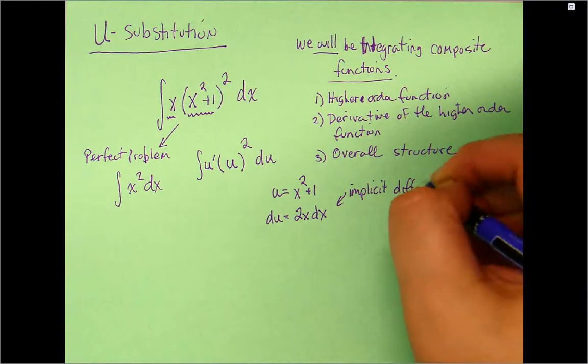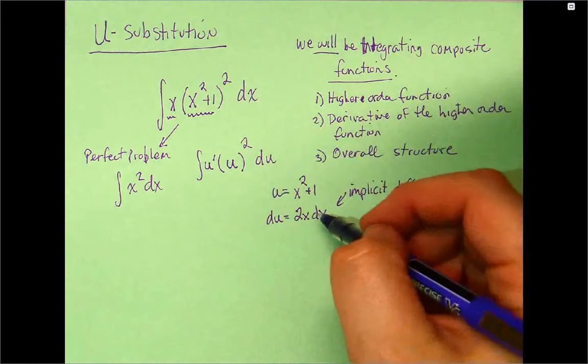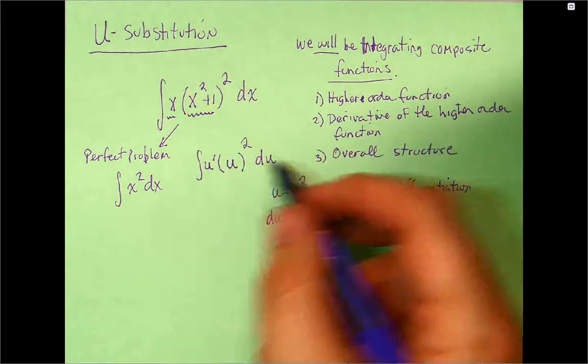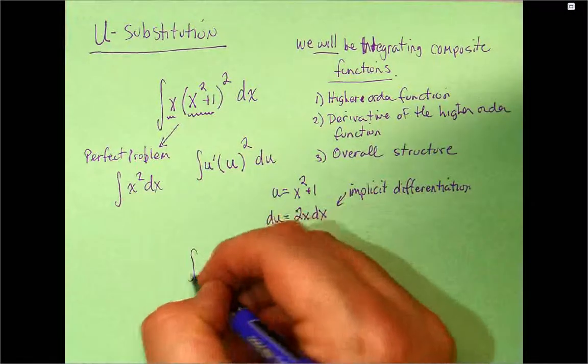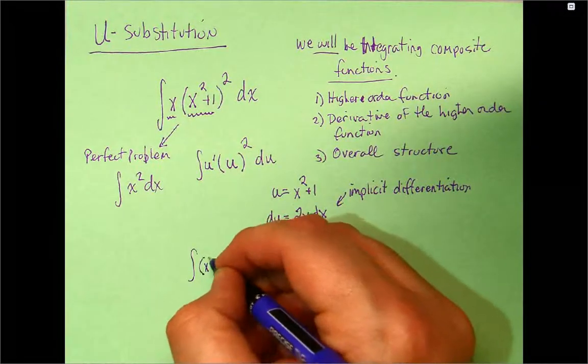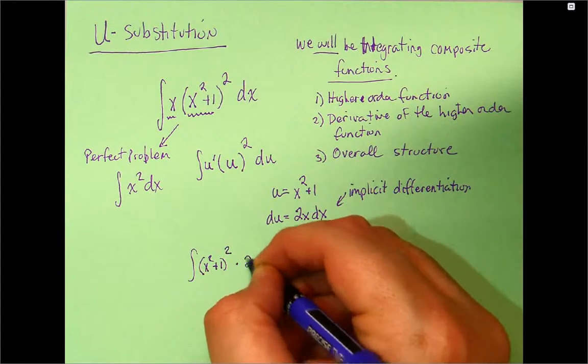Now, it's very simple that we're just going to make sure that we have our dx in there. Now, if we looked at our original function and we rewrite it, x squared plus 1, squared, times x dx.